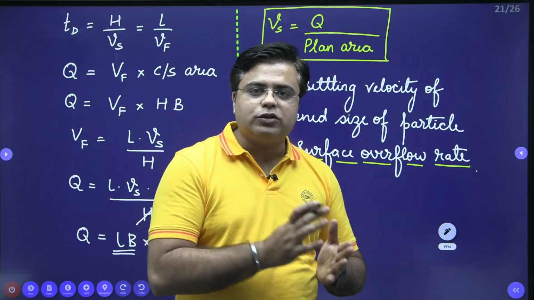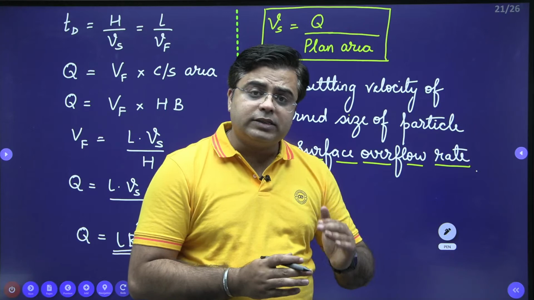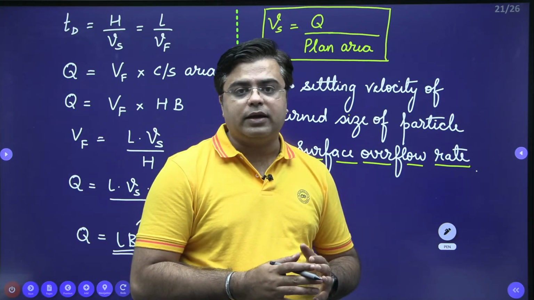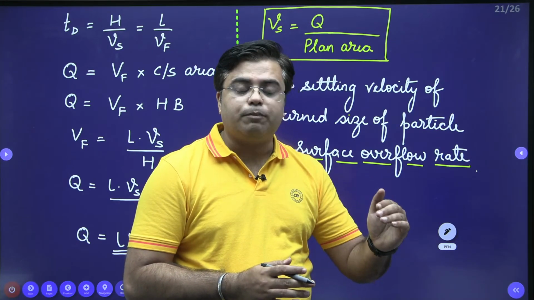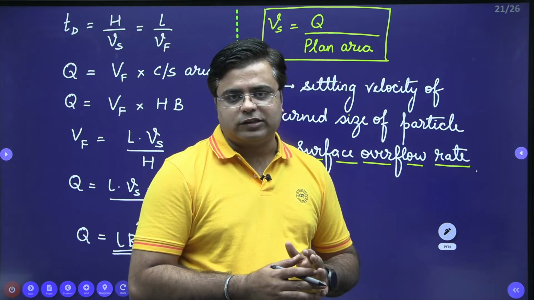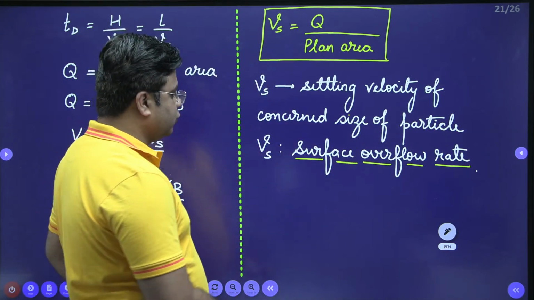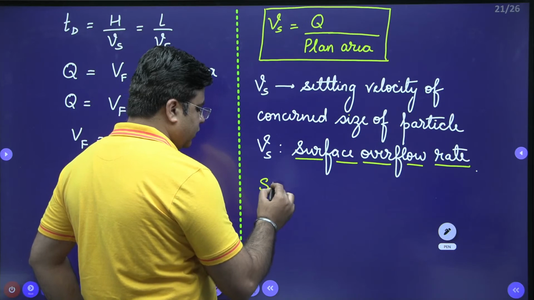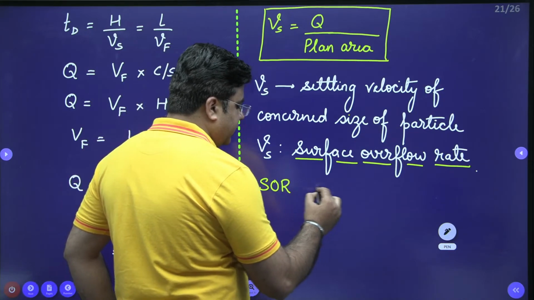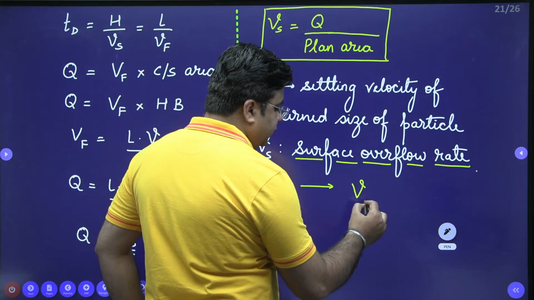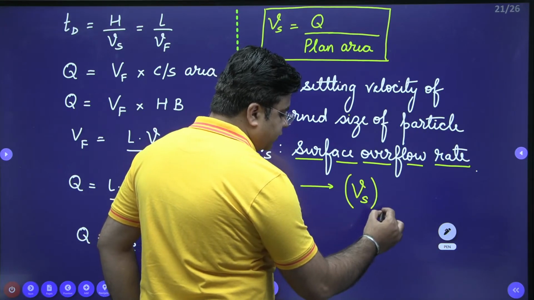Whenever surface overflow rate or SOR is written, this can be simply related with the settling velocity of the concerned size of the particle.